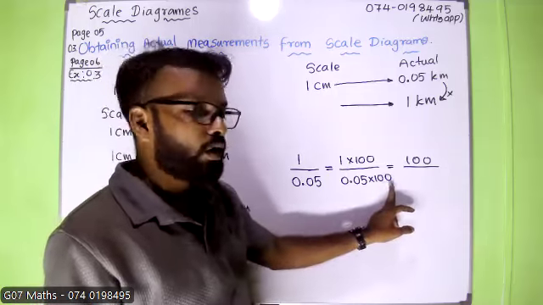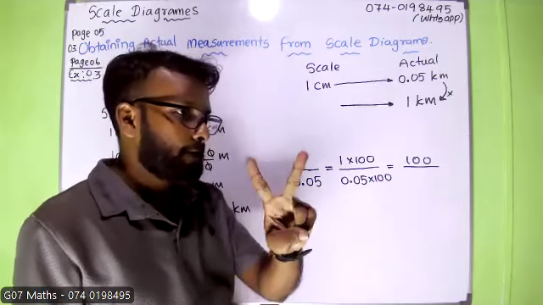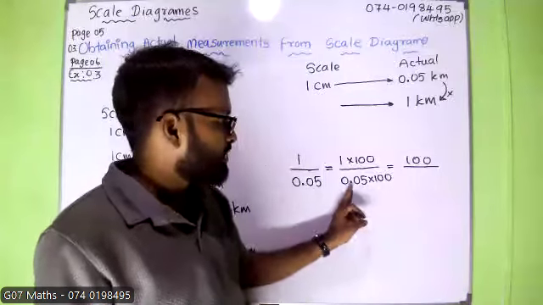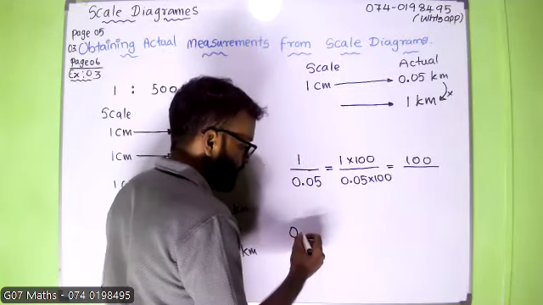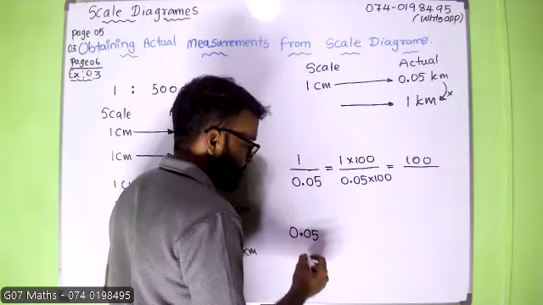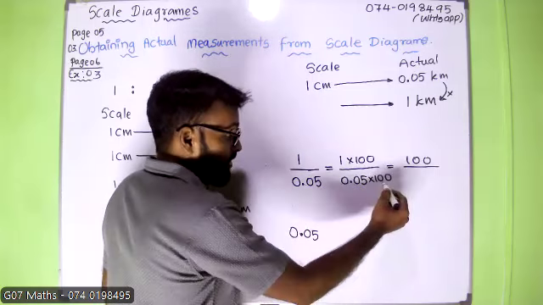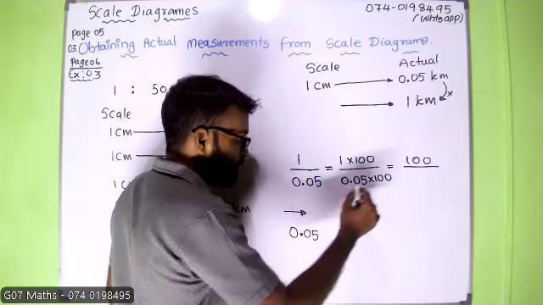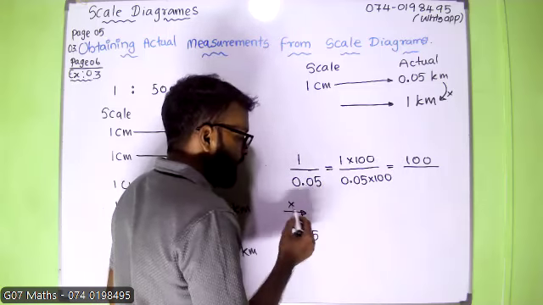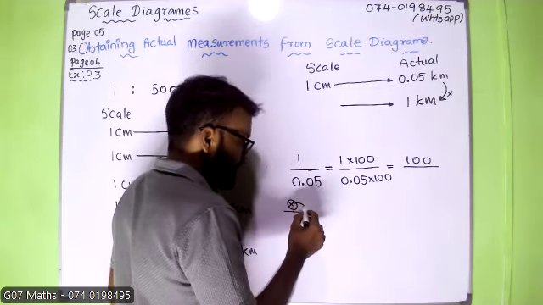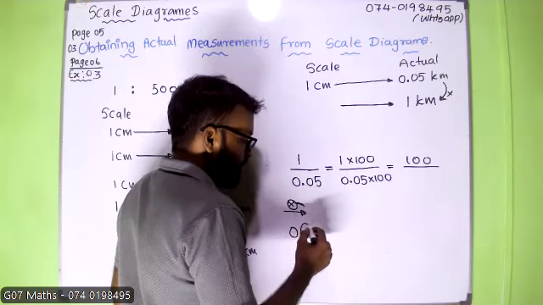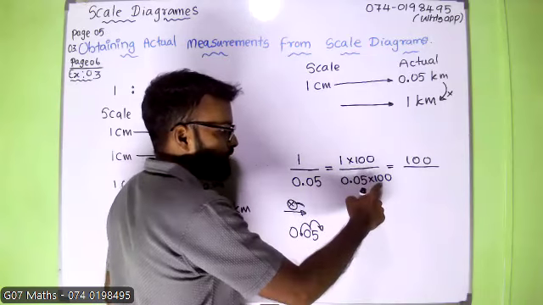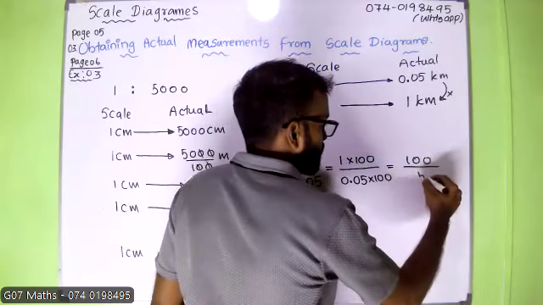How many zeros are there in 100? 2. Here you have 0.05, so you get 5. You jump two places to your right because you are multiplying, not dividing. So your answer is 5.